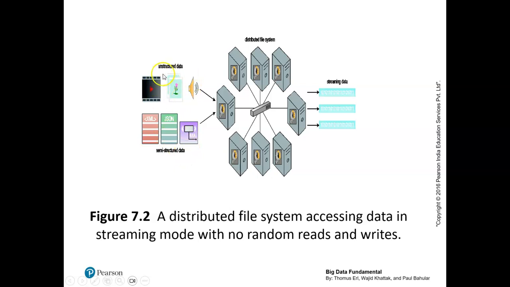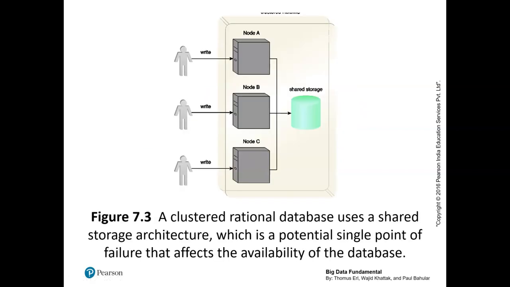So we have totally unstructured data and semi-structured data, and this is being loaded into the DFS, the distributed file system. HDFS means Hadoop Distributed File System, and DFS means distributed file system. The data is then streamed into the wire in the form of 0s and 1s.